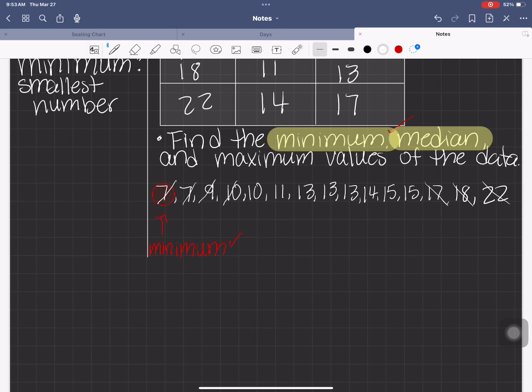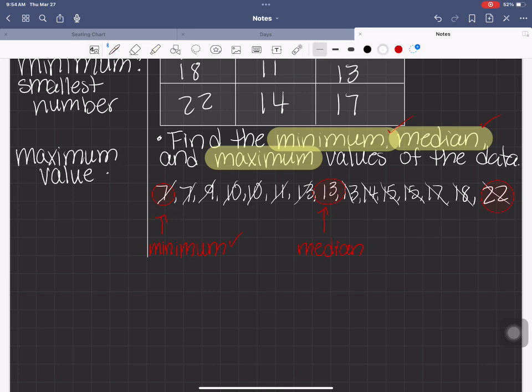I'm going to cross out each number on each side until I get to the median, the middle number, which is 13. I'm going to identify that as the median. And lastly, we're going to find the maximum value of the data, which is 22. Maximum value means the largest number of your data set. Pretty straightforward, right?